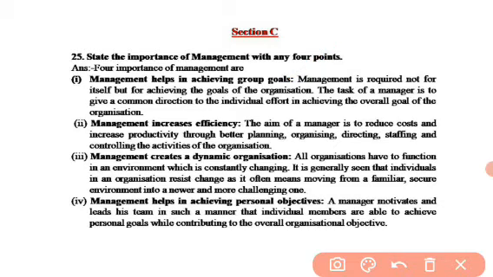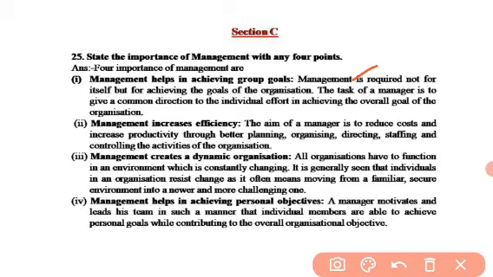In every business organization, we have come to know the main important concept, that is management. To handle all the activities, management plays a very important role. So management helps in achieving group goals. In every business organization, the main objective is achieving the goals, which is possible with the help of management.